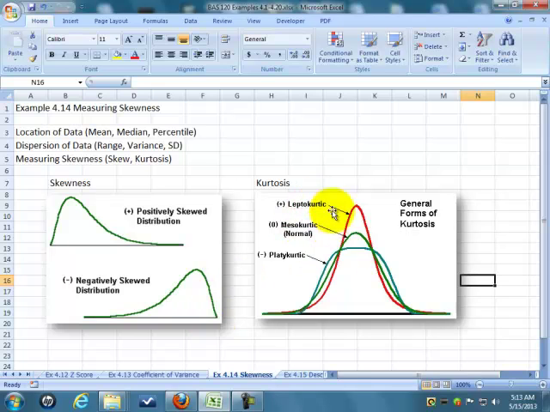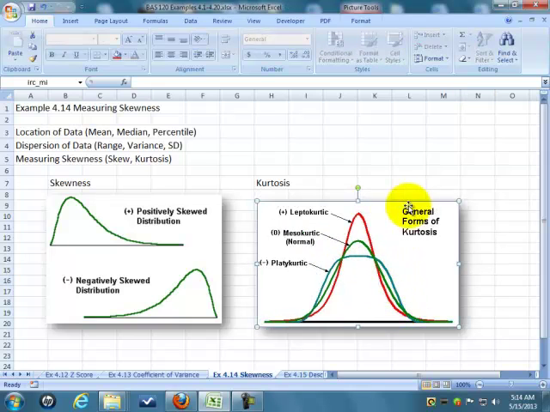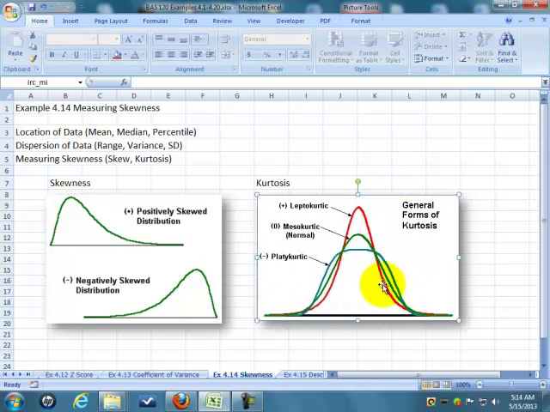Now, another measure of what my skewness looks like is a number called kurtosis. It sounds like a sickness, but anyways, as you can see, positive kurtosis is where I have a very high peak and very steep, here you see it in the red, versus negative kurtosis means I have a flatter peak and my data looks more like that.